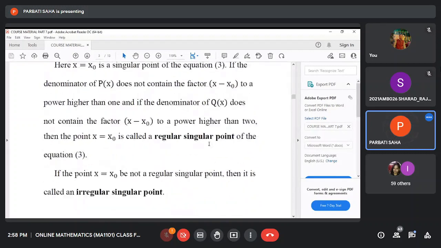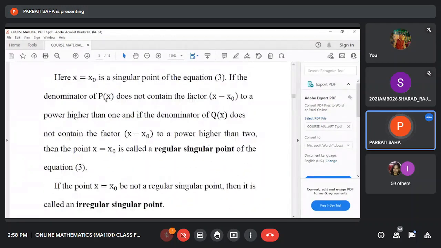Now you see this important line. If the denominator of p(x) does not contain the factor x minus x0 to a power higher than 1, and if the denominator of q(x) does not contain the factor x minus x0 to a power higher than 2, then x equals x0 is called a regular singular point. What does it mean?